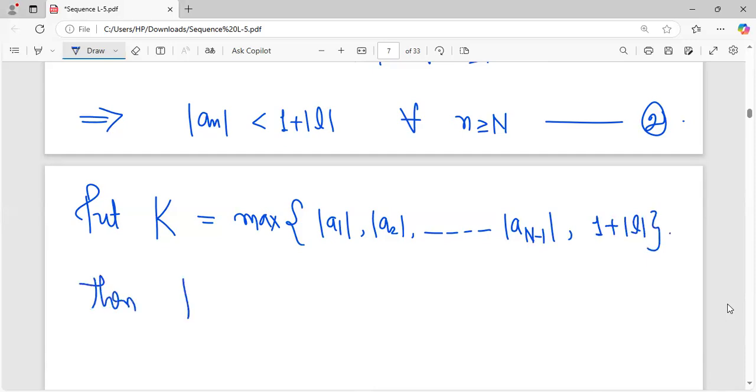Then K is greater than or equal to 0 and |an| is less than or equal to K for all n belonging to N. So what is the meaning of this?